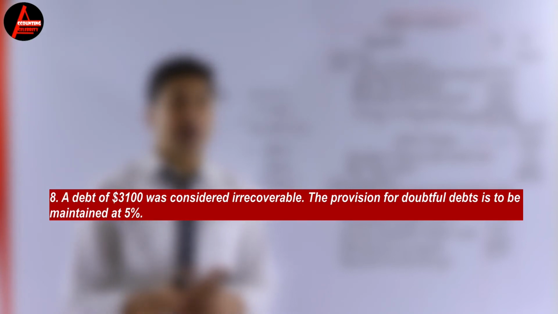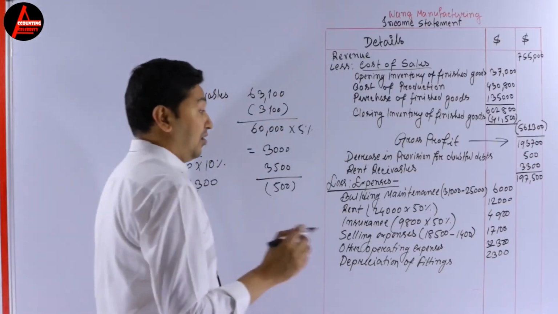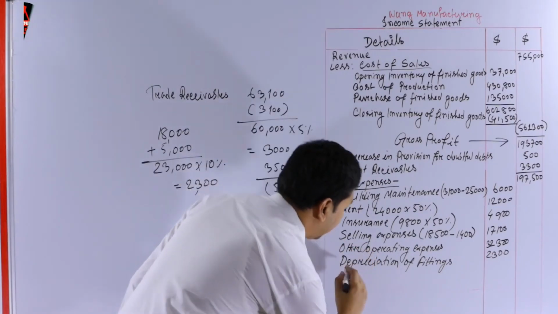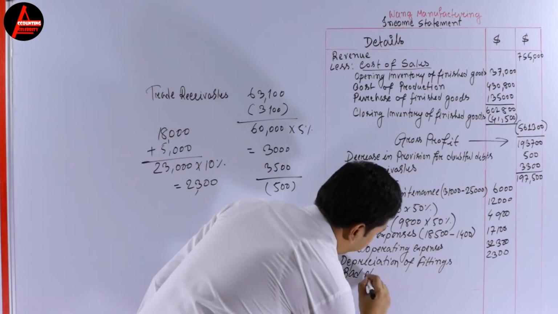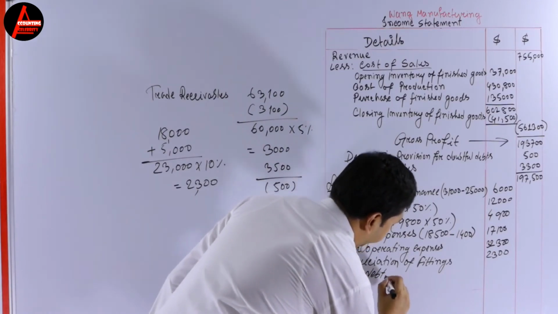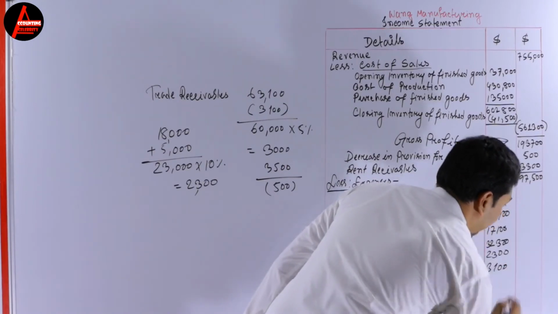If a debt of $3,000 was considered irrecoverable, that means it is a bad debt. You will not get this value anymore. So right here, bad debt, $3,100.